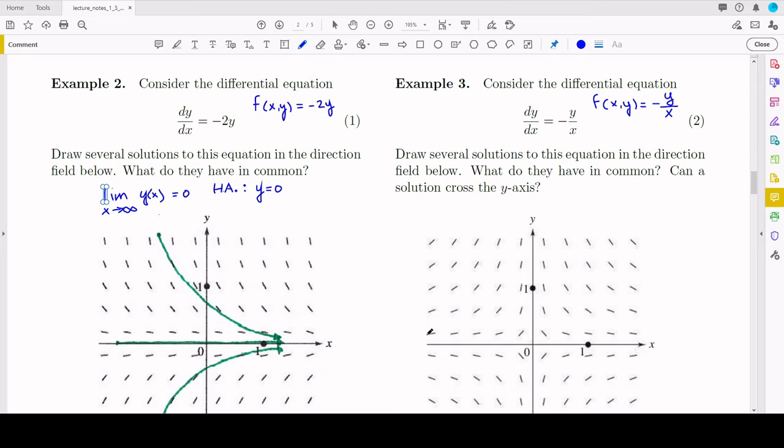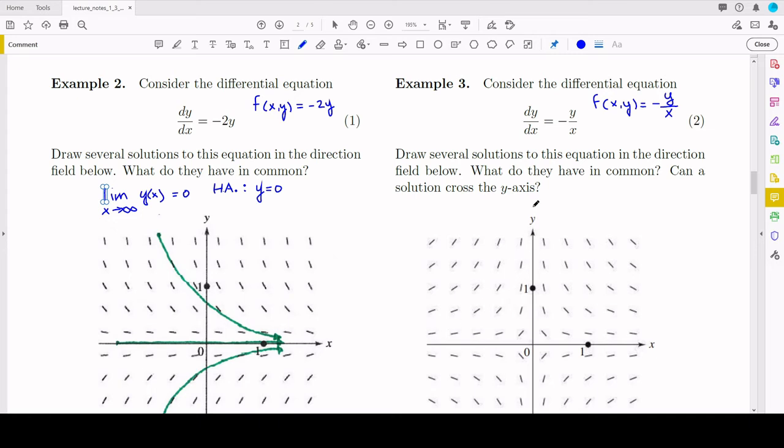So if we start somewhere in quadrant 2, so over here maybe, we slightly increase. And then when we move over to the right, we see that the slope is increasing. And then slope is increasing.